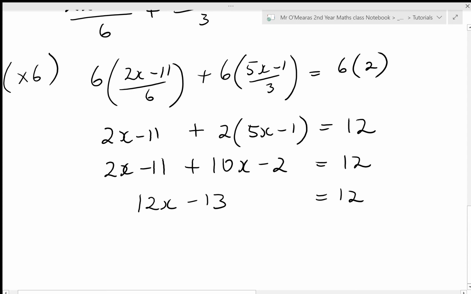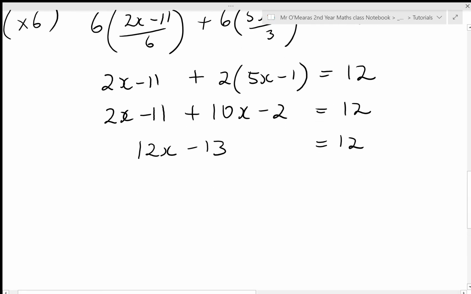Now we look again and ask what we were trying to achieve. We're trying to get x terms on the left-hand side and the constants on the other side. There's only one x term, 12x, that's fine. We need to remove the minus 13, so we do that by adding 13 to both sides.